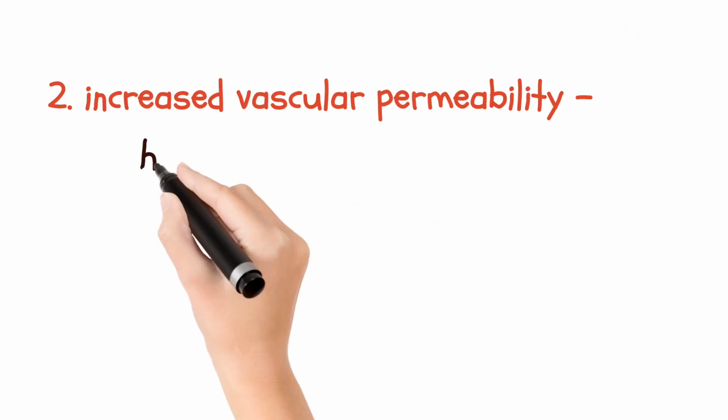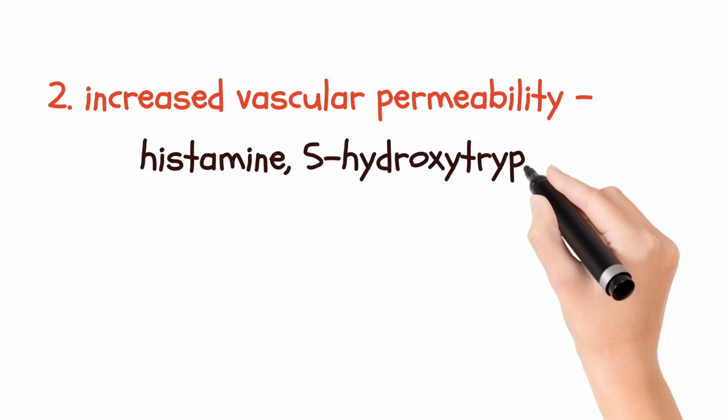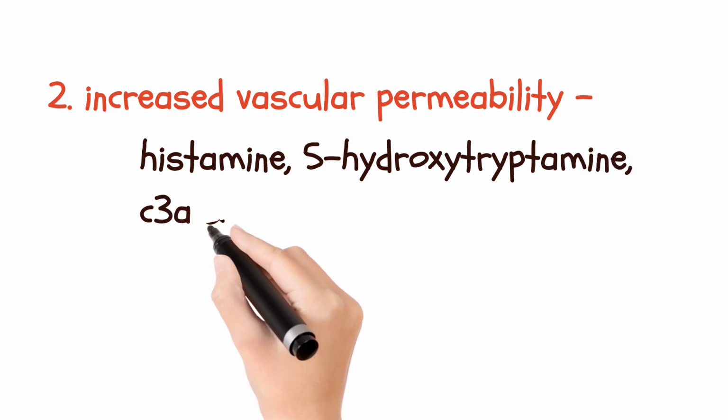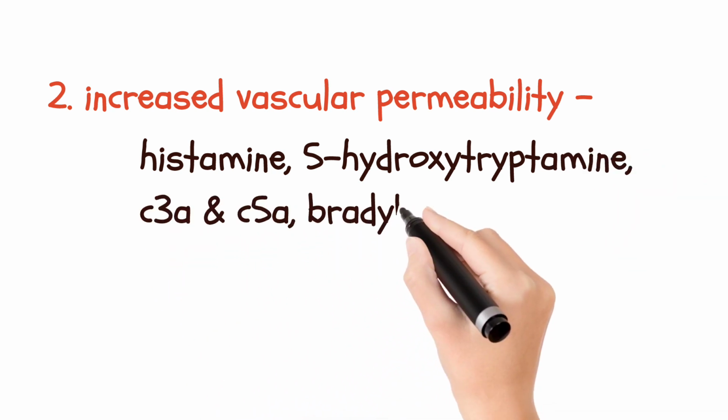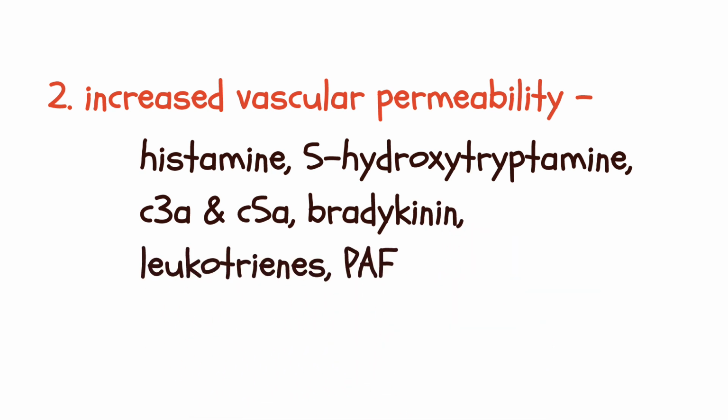Substances like histamine, 5-hydroxytryptamine, also known as serotonin, C3a and C5a, bradykinin, leukotrienes, and platelet activating factor can cause increased vascular permeability. Increased vascular permeability is when the capillaries become more porous than usual, allowing more fluids and proteins to pass through easily. So these substances can cause increased vascular permeability.